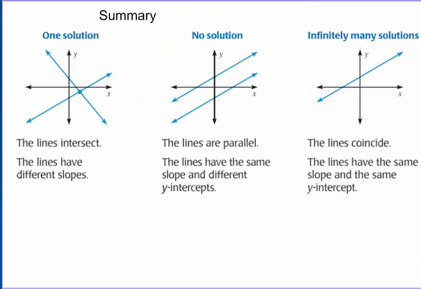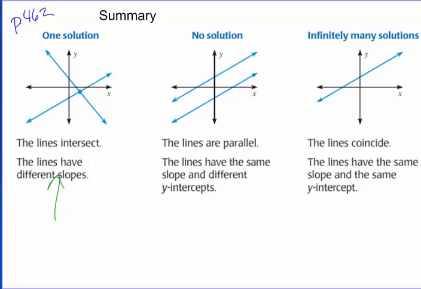So here's kind of a summary. This is in your textbook, so you can take a look at that. You don't necessarily have to copy it straight down from here. You'll find it on page 462. These diagrams give you examples of types of solutions that you can get solving systems. There's the case where there's one solution.